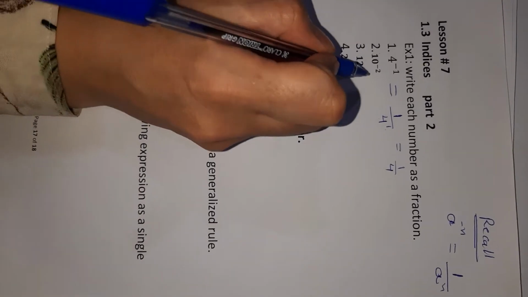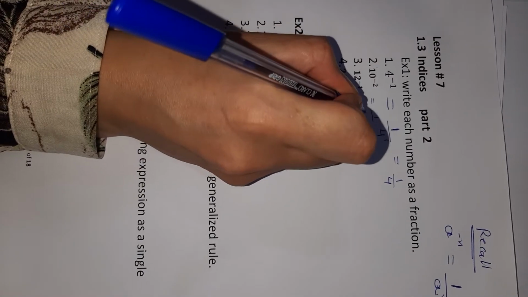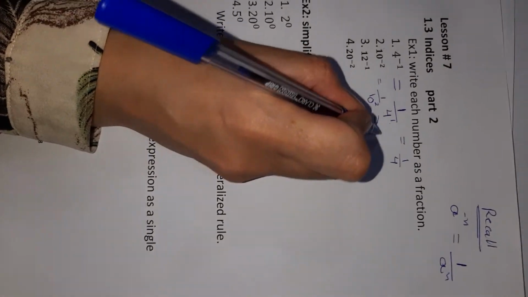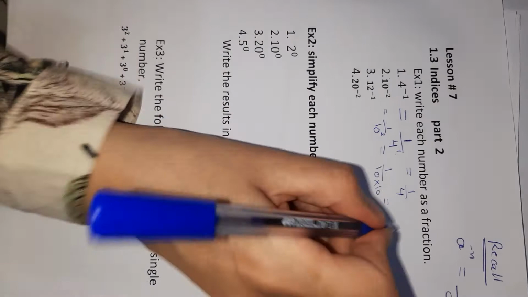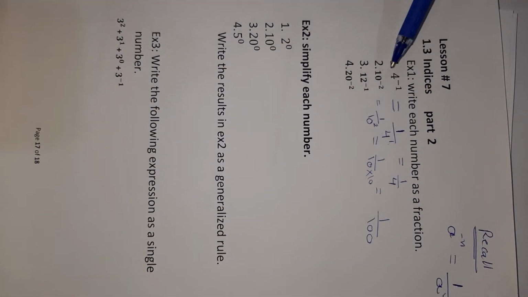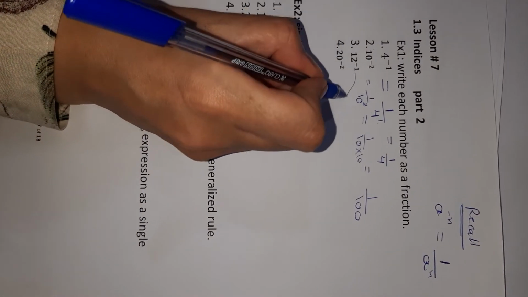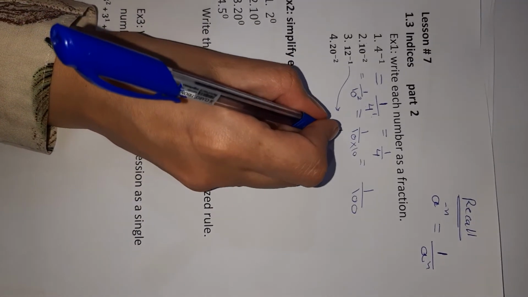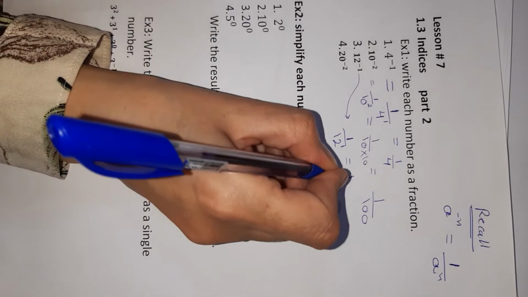Now the second one. 10 to the power of negative 2 equals 1 out of 10 squared, which means 10 times 10, equals 1 out of 100. So here 10 to the power of negative 2 equals 1 out of 100. Let me do this one. 12 to the power of negative 1 means 1 out of 12 to the power of 1, which is 1 out of 12.